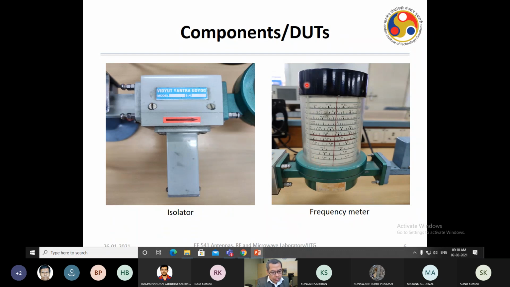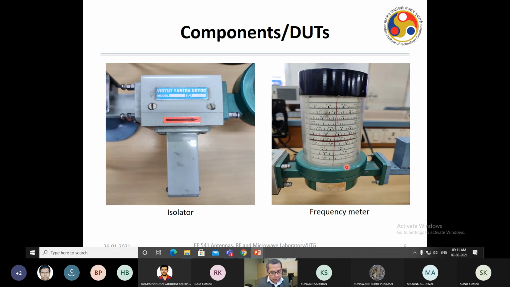When you cut it and terminate it on two sides, this side and this side, the signal which was propagating inside the circular waveguide will get reflected and start resonating depending on this dimension here. So this dimension actually decides the resonant frequency of this cavity. When you rotate this, the height of this cavity will keep on changing.